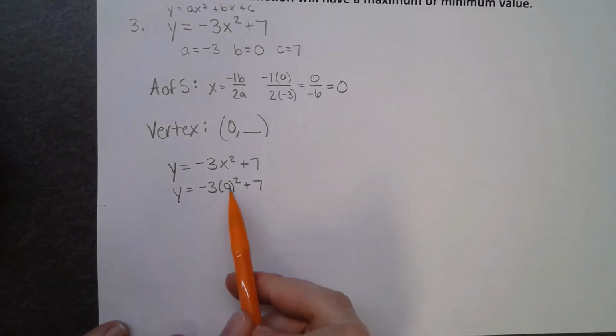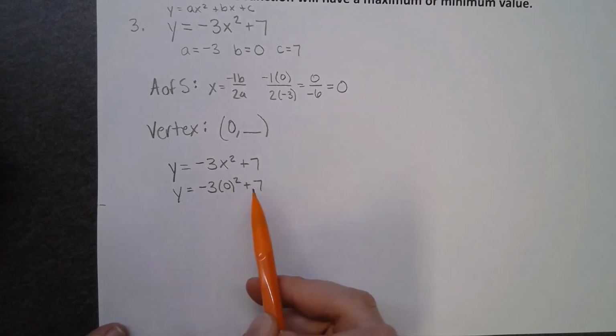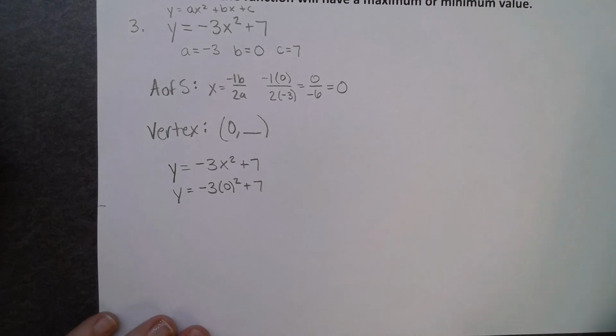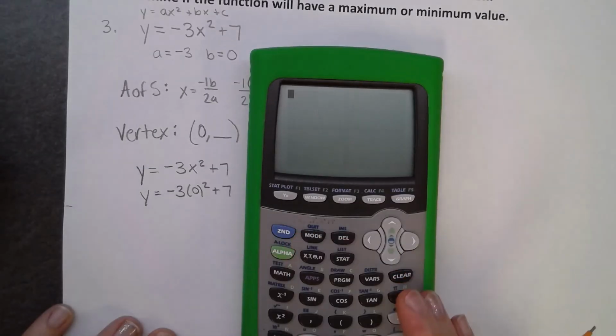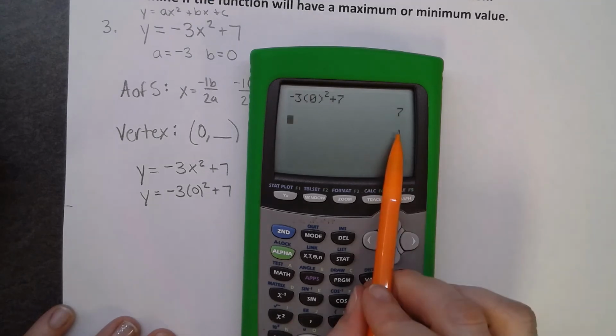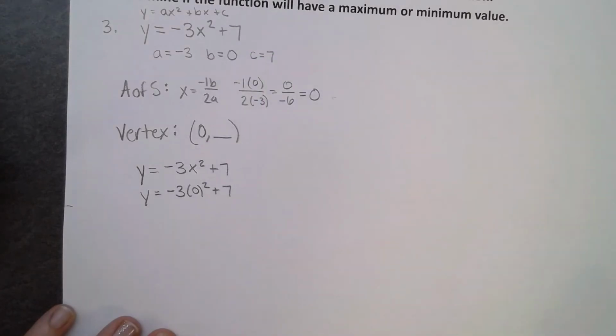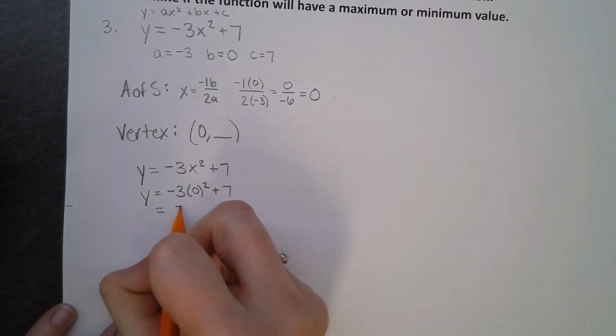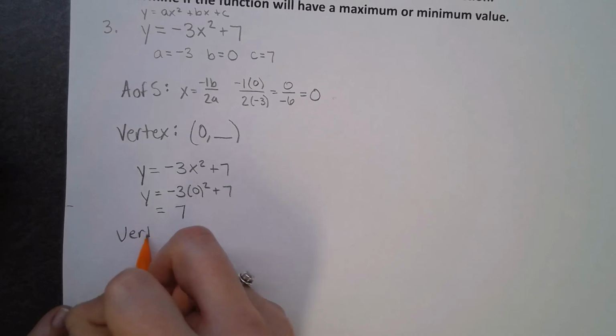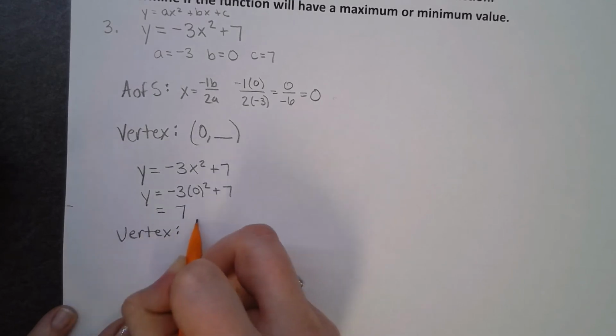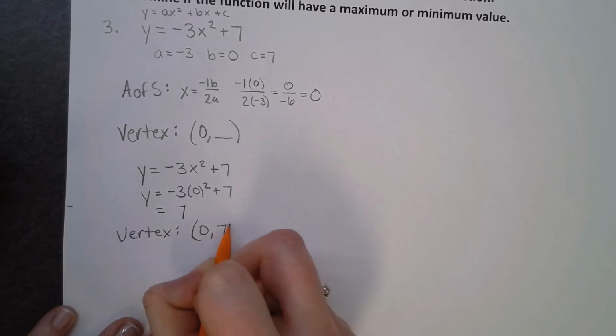Or this one's fairly simple. Exponents, then multiply, and finally add. So we should get 7. Let's check that. So -3 times 0 and square that. Finally add 7. It does give us 7. So for our vertex point, we get the ordered pair 0, 7.